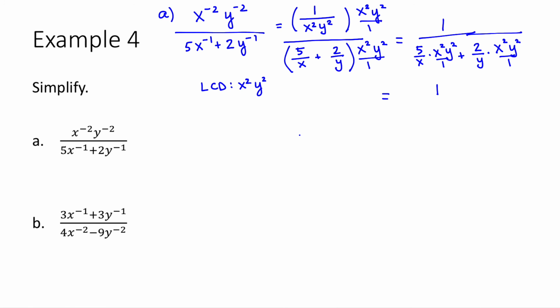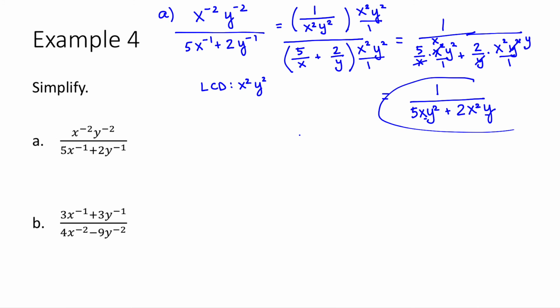And so let's see, what is this going to be? 1 over, x goes into x squared x times, and I have 5x y squared, plus y goes into y squared y times, and I have 2x squared y. Again, I could factor the denominator, but I'm not going to because it's not going to allow me to do any more simplifying.